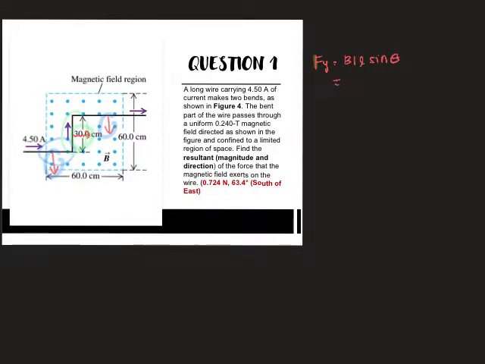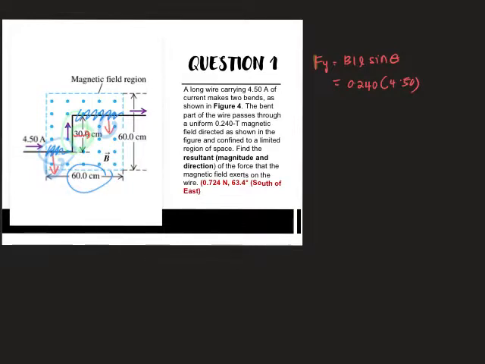B is going to be 0.240, and the current is going to be 4.50. And how about the length? This one plus this one is going to equal 60 centimeter, because that is the part that can feel a magnetic force.